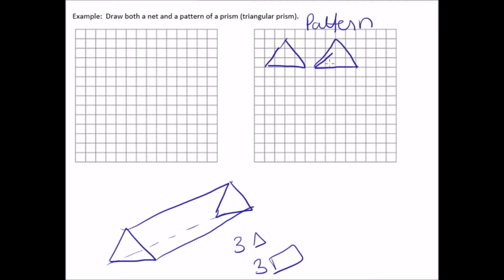1, 2, 3, 4, 1, 2, 3, 4. Yeah, beautiful. Okay, and then however long. So let's go 4 across for the bottom, and let's go about 3 for these 2 sides.